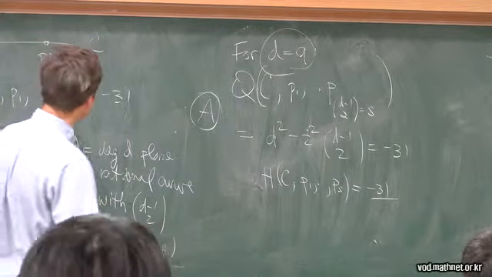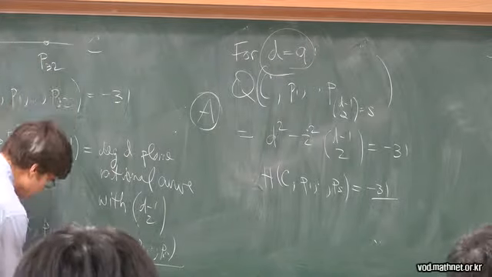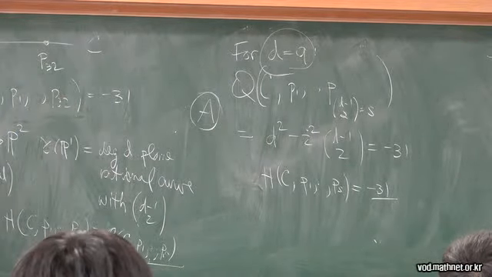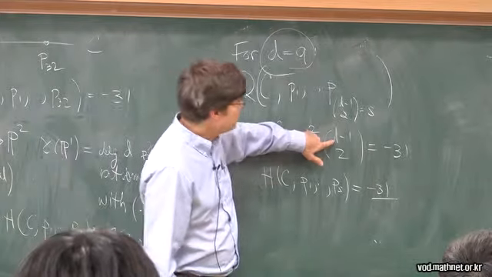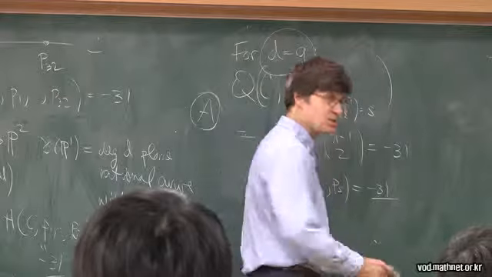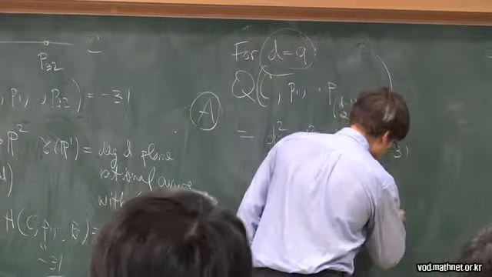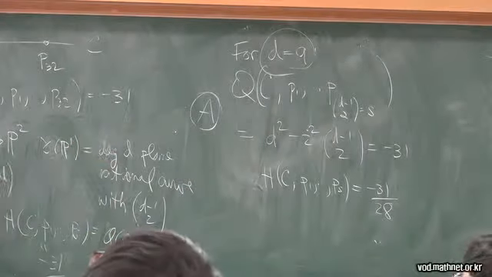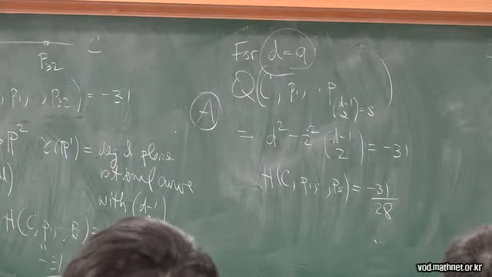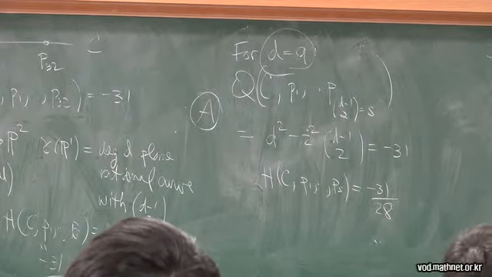What am I doing? 32. But 8 choose 2 is 28. That was the 28. Alice is the winner. Negative 31/28 is more negative than negative 31/32.